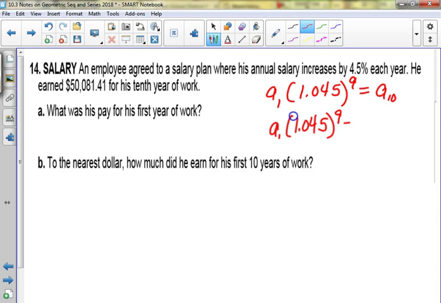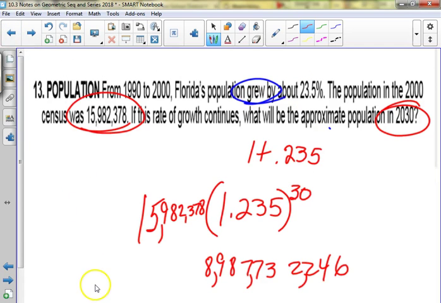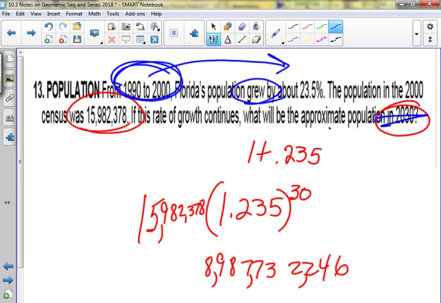Yes? Oh, yes, it is. But this was in 10 years. I think he's right. I think in this 10 years, it grew this much, not every year. So, yes, I was.